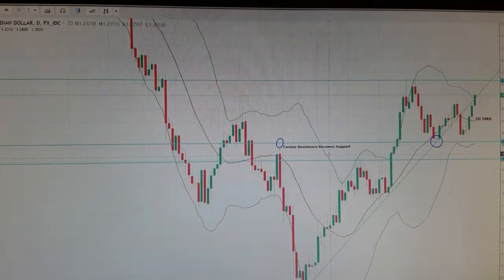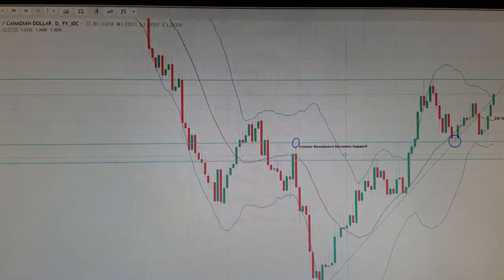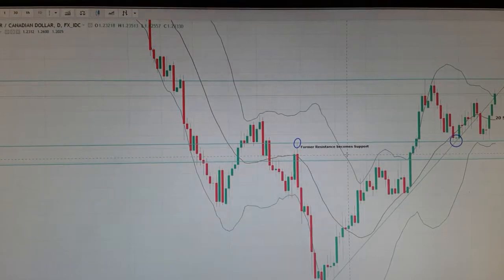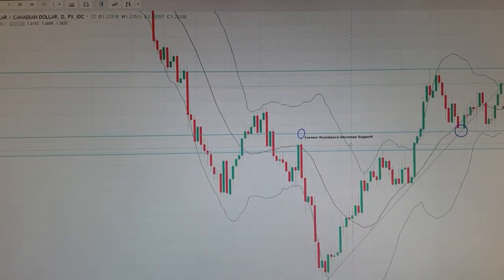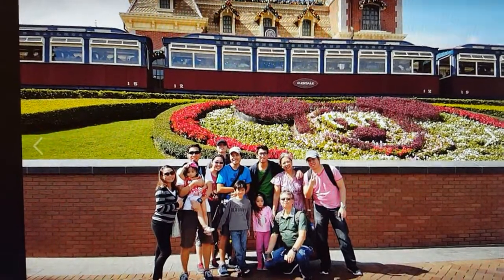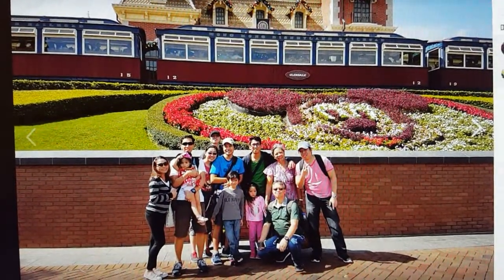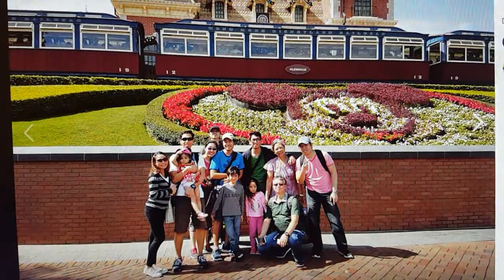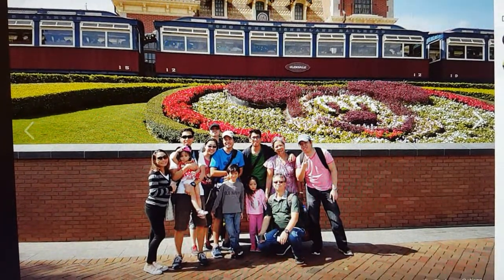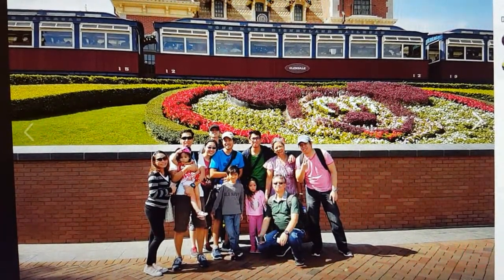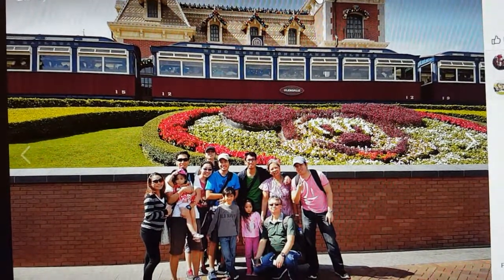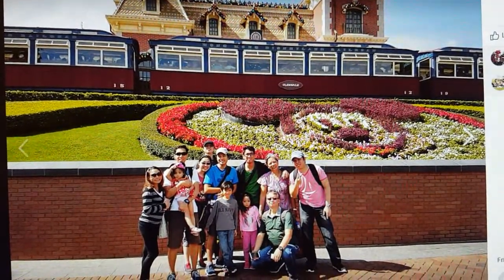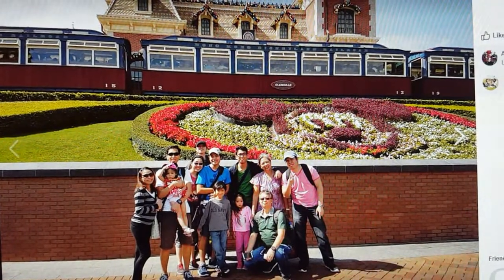So let me show you a picture of our trip, just as a side note. Yeah, so there you have it. That's me and my family, my extended family, my parents, my brothers, and with me. So we were at Hong Kong Disneyland. So that's Hong Kong Disneyland right there. And then this is the next picture I'll show you.